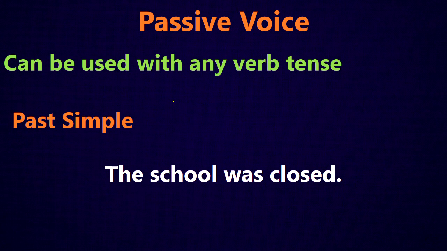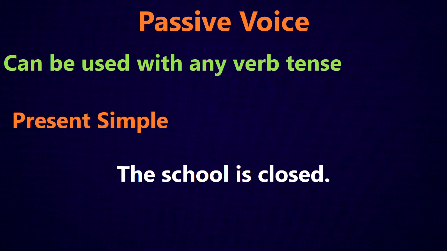So the passive voice can be used with any verb tense. We could use it with the past simple, like the school was closed. Now I know it's the past simple because I have to look at the helping verb here. Was is my helping verb, and closed is my main verb. Now I know this is past simple because I'm using the word was, but I can also use the present simple. So this is the present simple passive.